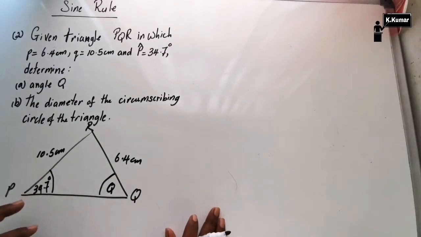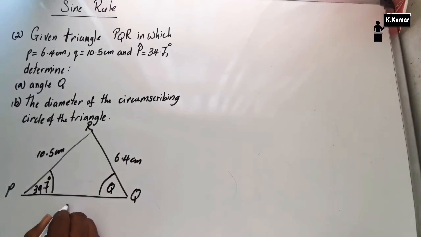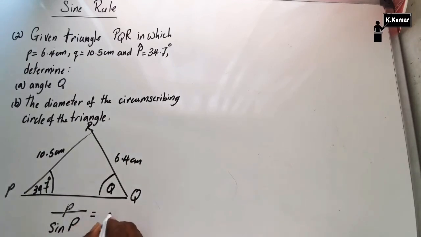Again, remember they come in pairs, so what we're working with is P over sine P is equal to Q over sine Q, right?